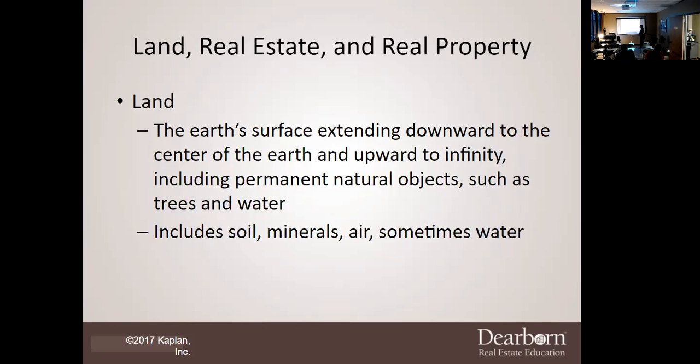Other items that land includes are the soil, the minerals, the air, and sometimes, and we'll talk about this when we get to that point in the book, water. All of these give you a breakdown of exactly how land is going to be involved. As we go through this, understand the key things we want to talk about.